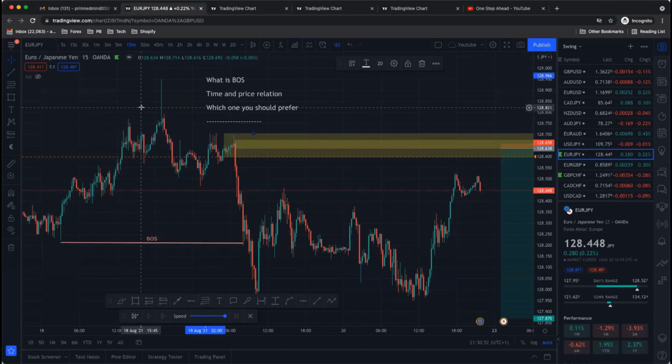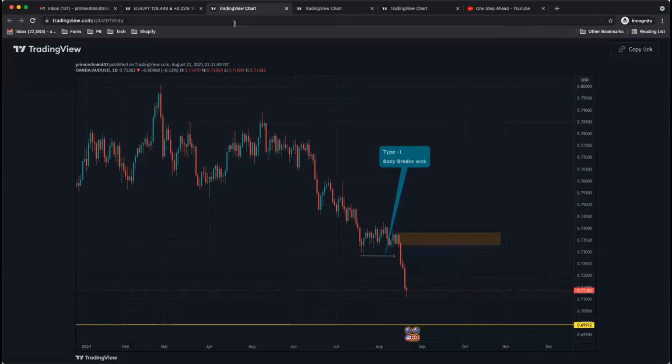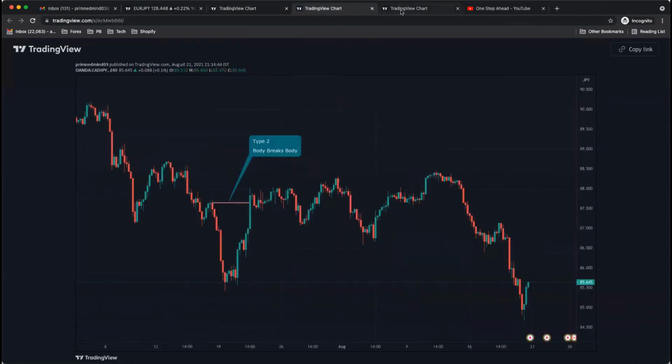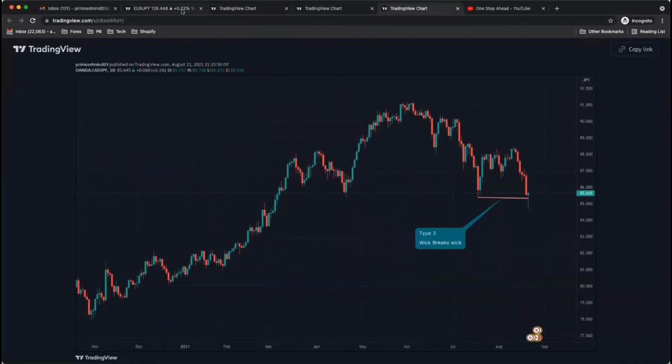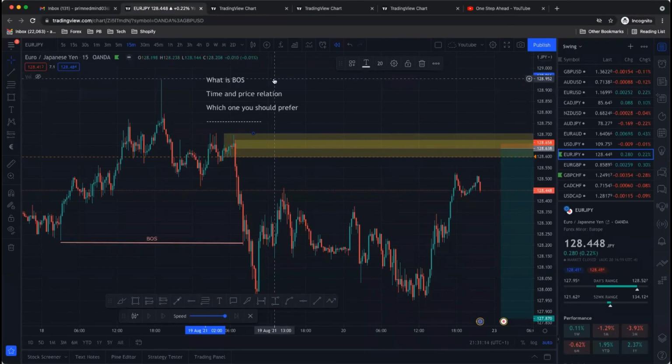So just remember, there is no magical time frame, and time and price are two different dimensions. As for which one you should prefer, try it out and backtest all three types and see which one works for you.